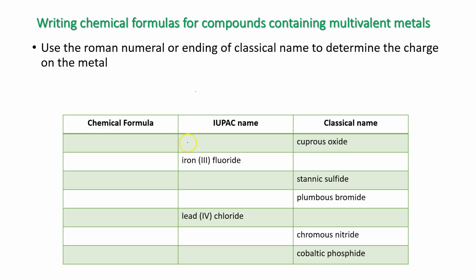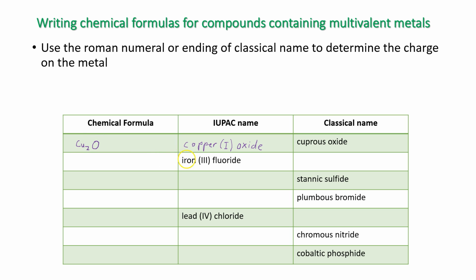So here I can write copper 1 oxide, and since the copper has a charge of 1 and oxygen always has a charge of -2, there would be two coppers, so Cu subscript 2 O.